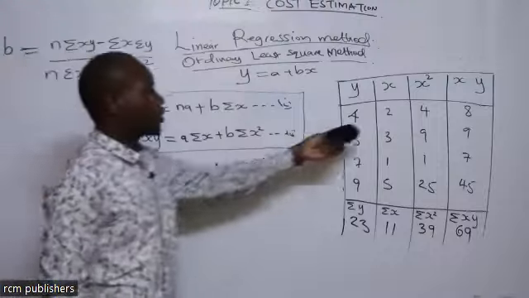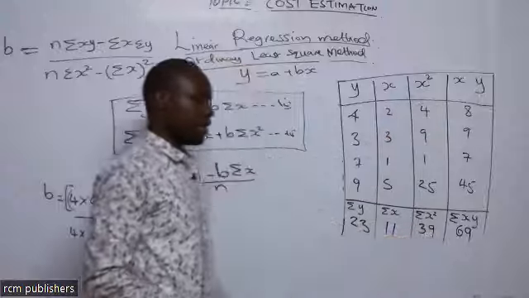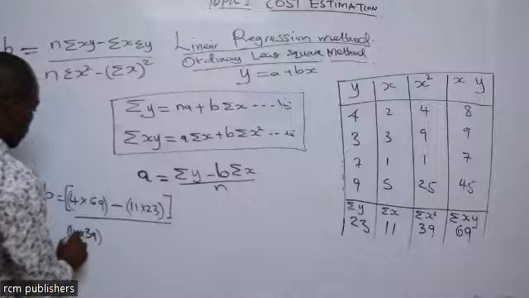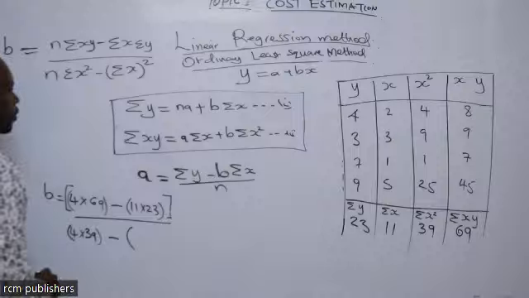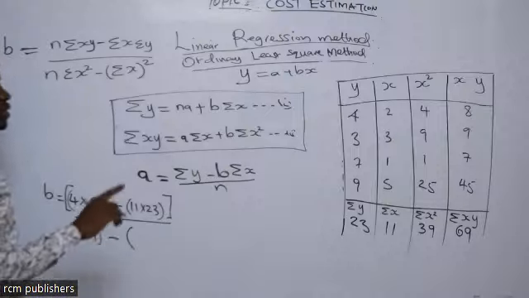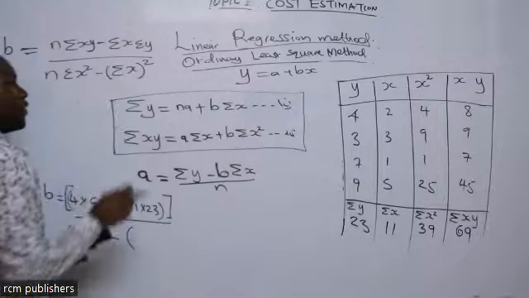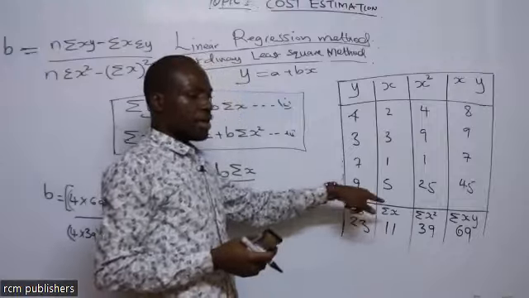We now come to this column of x squared. The total is 39. We multiply by 4. Then minus the summation of x, squared. They are taking this summation of x and squaring that particular value.